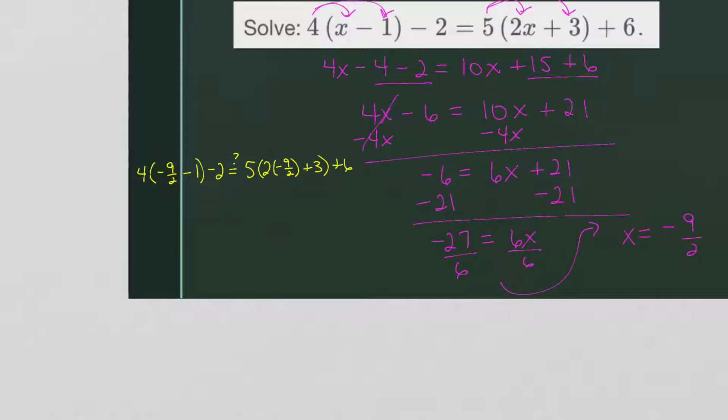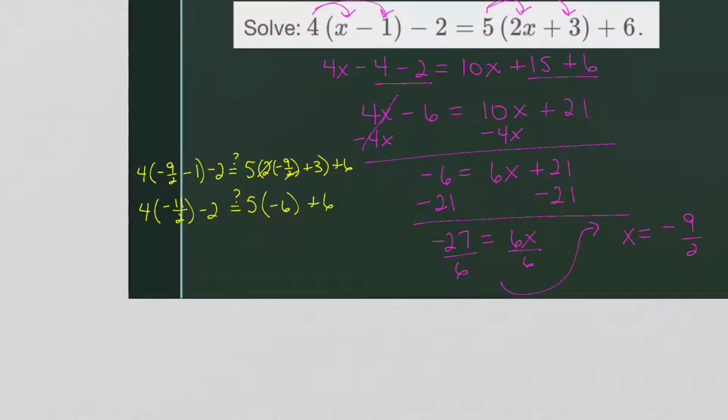Okay, so let's see here. What do we get here? We get 4 times, that would be negative 11 halves minus 2. Does that equal 5 times, that cancels, so negative 9 plus 3 is negative 6.